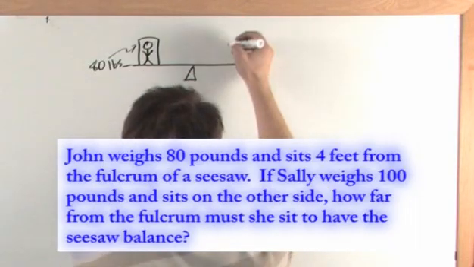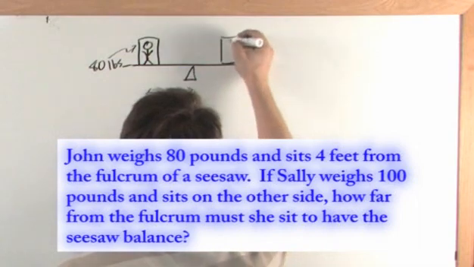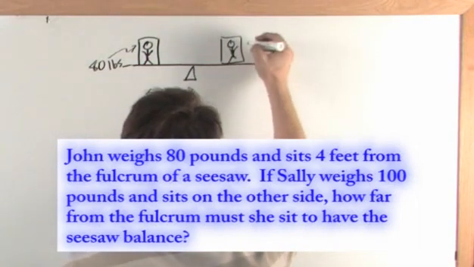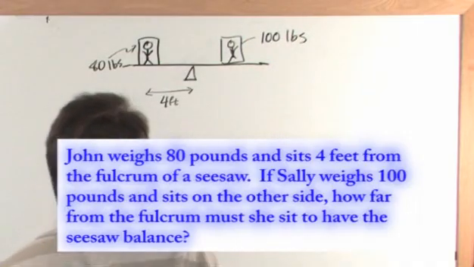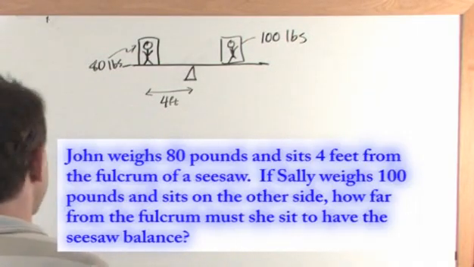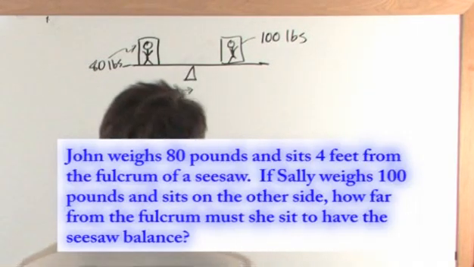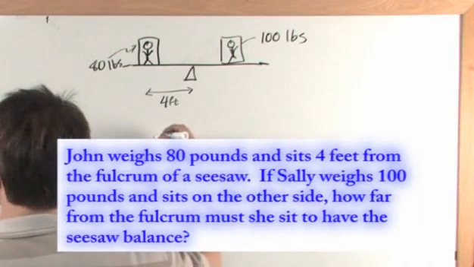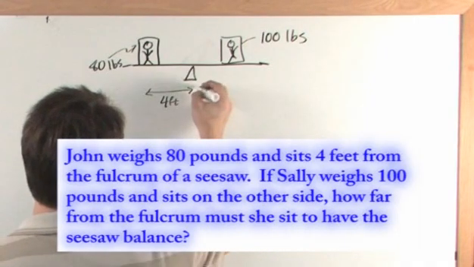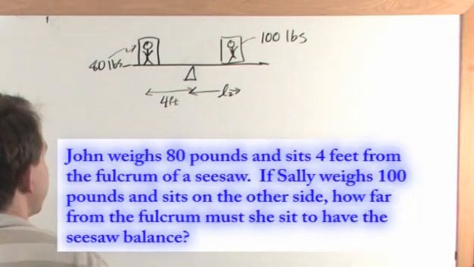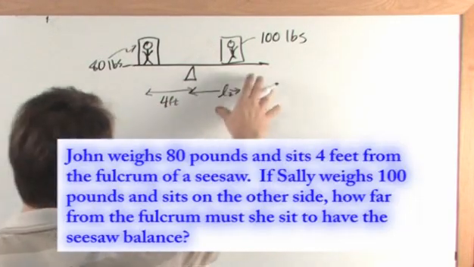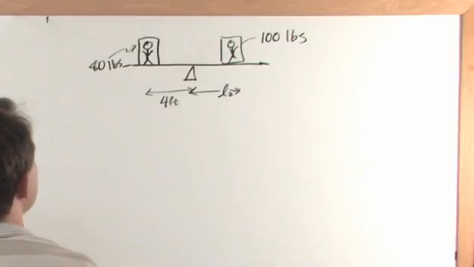Now there's another person right here that weighs 100 pounds. The question is, how far from the fulcrum should he sit in order to balance the seesaw? So we have to know right away that this person is going to be sitting some distance L2 away from the fulcrum. This is person 1, this is person 2, so I'm calling him L2.